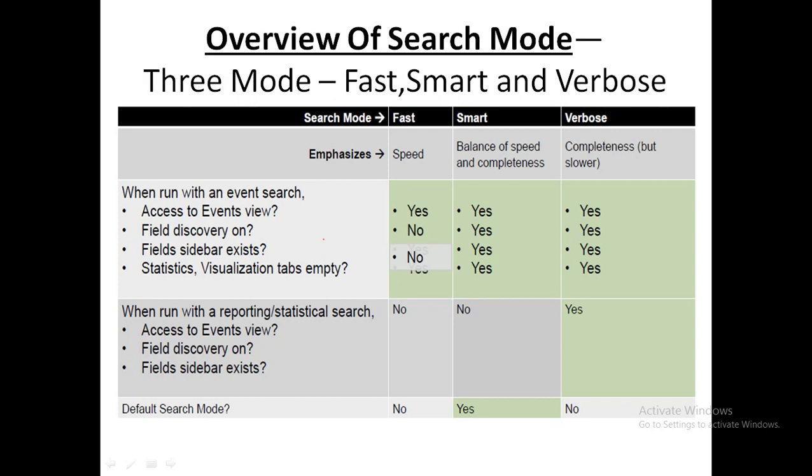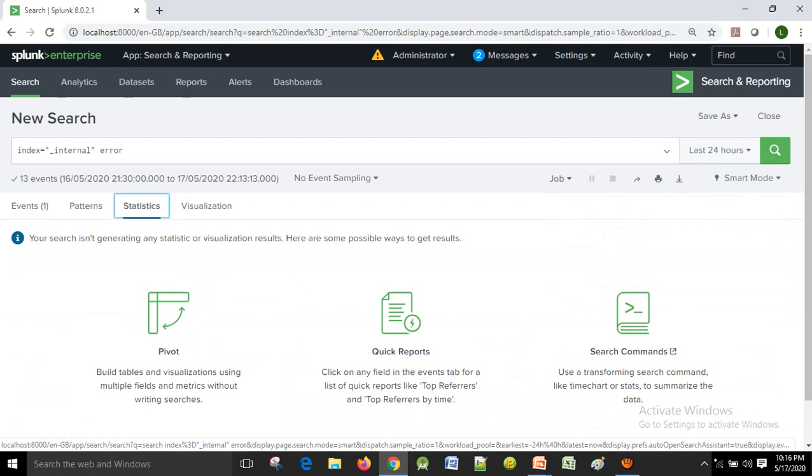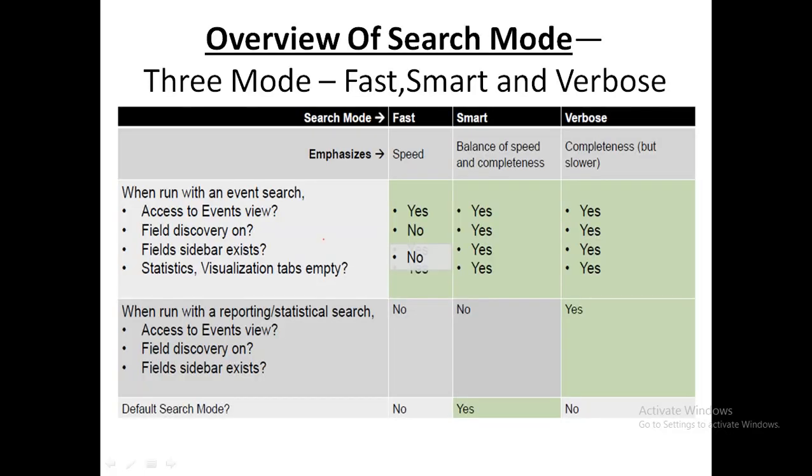In fast mode there are two tabs, statistics and visualization. Here in smart mode there is no data in this.